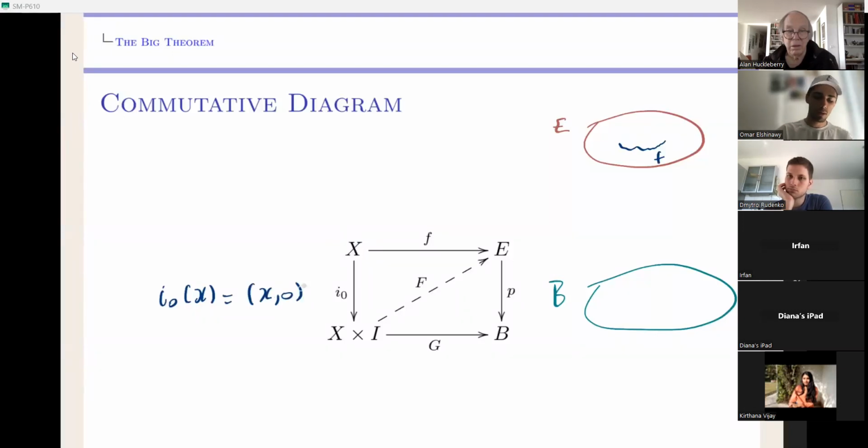Yeah, this is what it is, but it's not significant. This is the homotopy that's given. This is the projection, which we usually call the fibration sometimes.